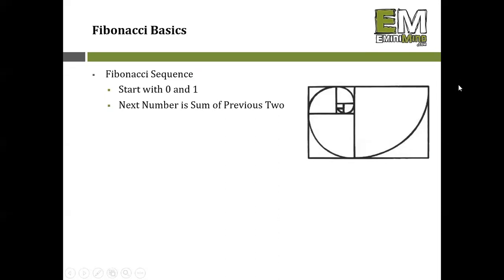So you have 0 and 1, and you add those 2 together, and you get 1. Then you take 1 and 1, you add those together, and you get 2. 2 and 1, you get 3. And that's what makes up all these seemingly random numbers, 5, 8, 13, 21, 34. It's just taking the number prior and adding it to it, and that's what continues the sequence.